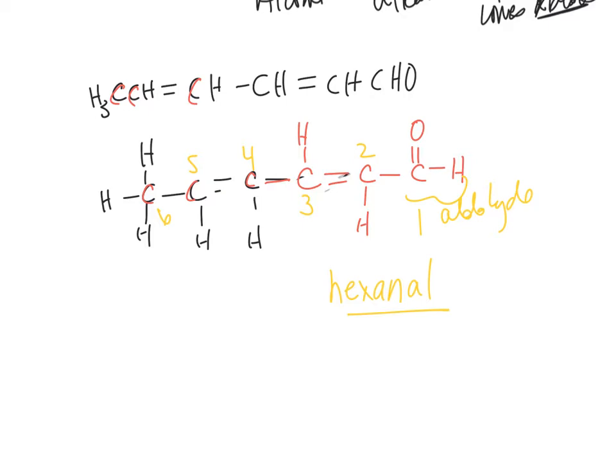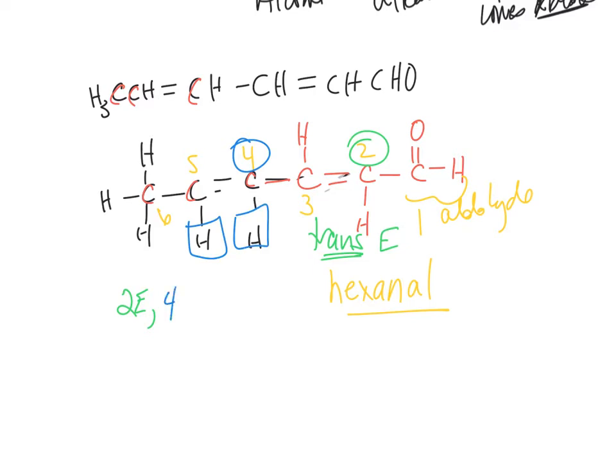That's our longest chain. Now we don't have any substituents here, but on carbon number 2, we have a trans. When you do your naming, that's E, so that would be 2E. And then if you come here, 3, 4, you have 4, and you see the hydrogens on both sides.